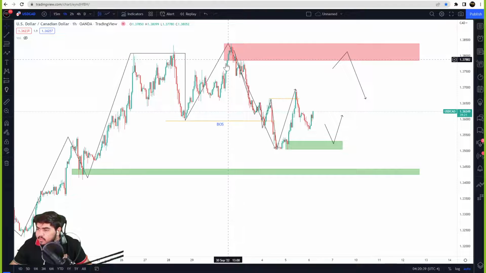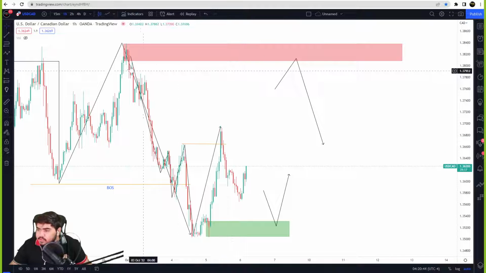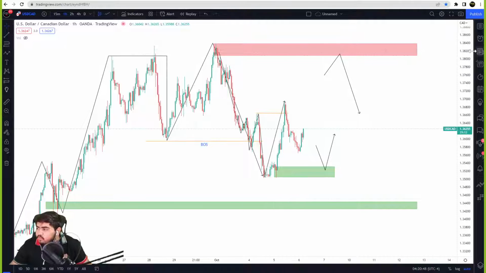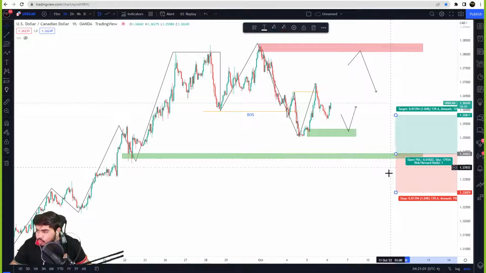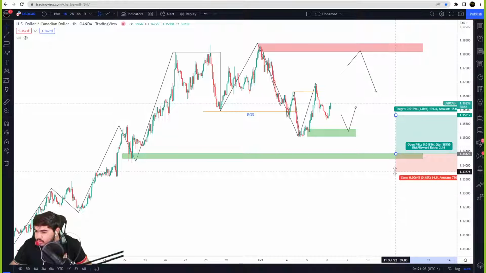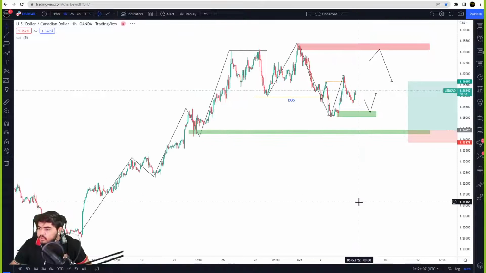We can also see there is a 1 hour supply zone, so we can target this 1.38200 area. The downside target would be this area, and from here we would again be looking for buying opportunities.